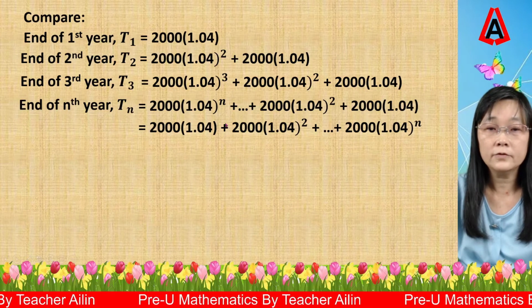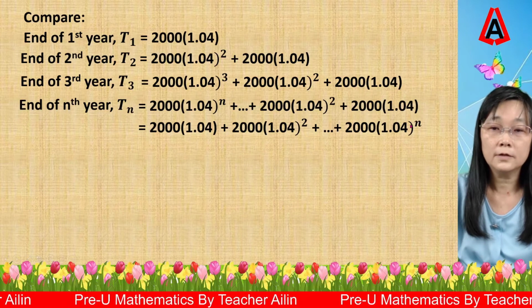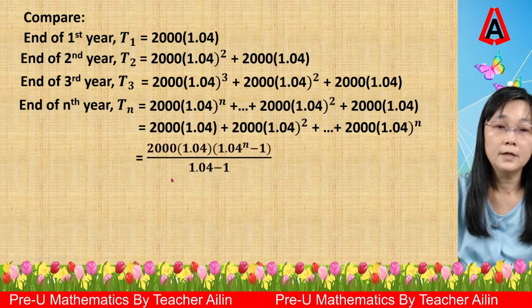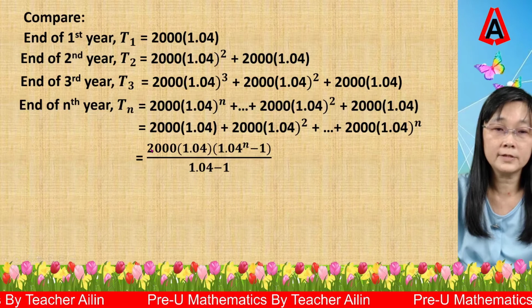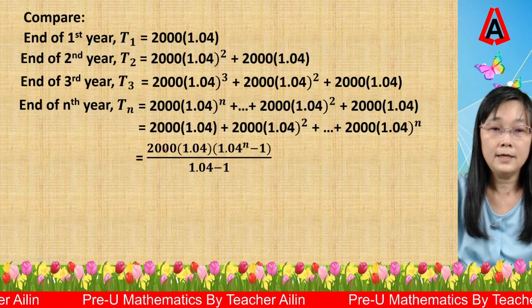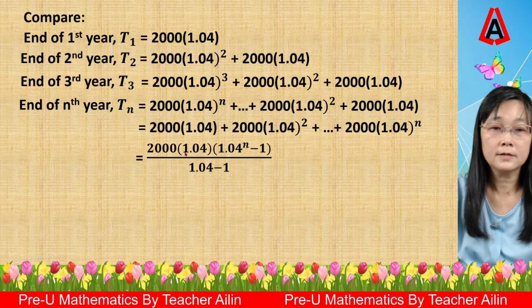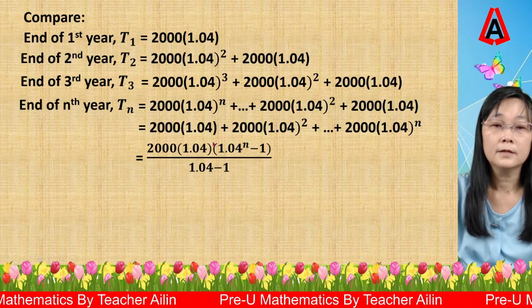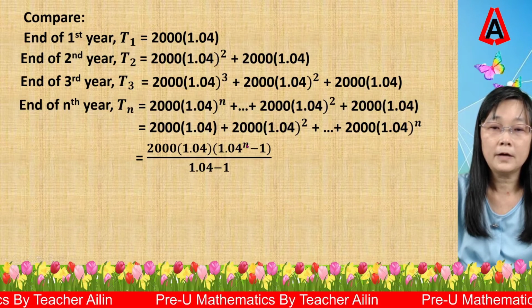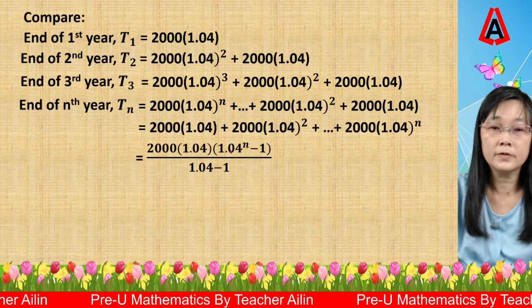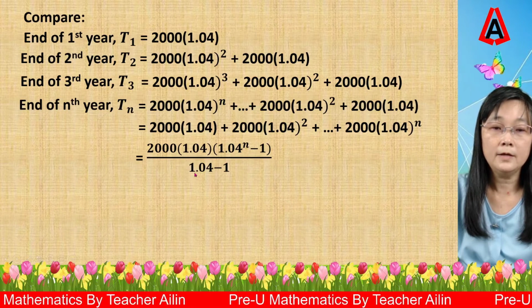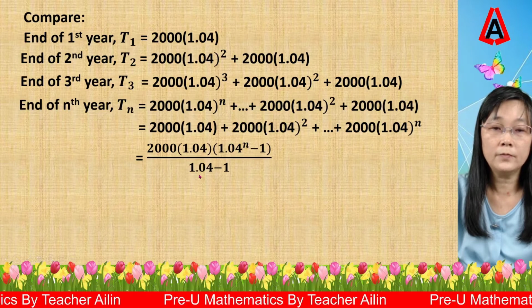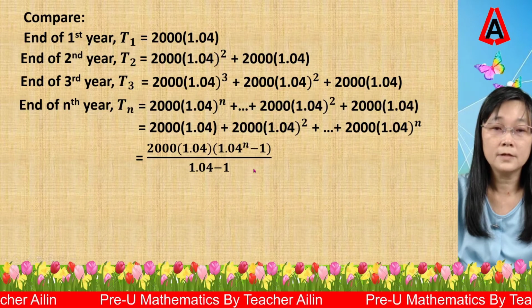So therefore, to calculate the total amount of money, I can use the formula of sum for a geometric series. That is A times R power n minus 1 divided by R minus 1, where A is 2000 times 1.04, R is 1.04, and R minus 1 is 1.04 minus 1.